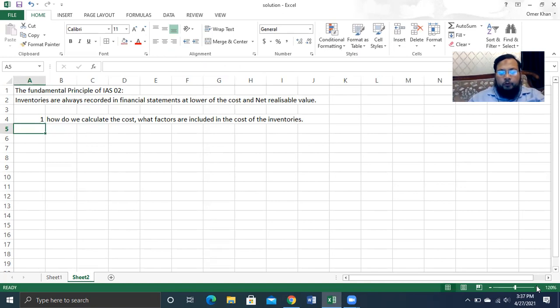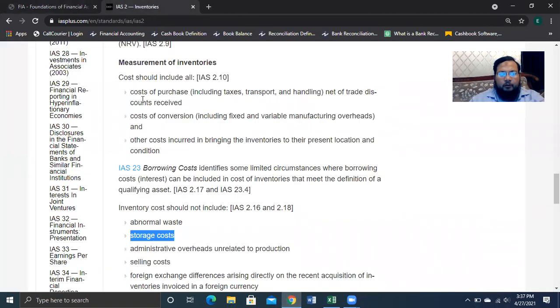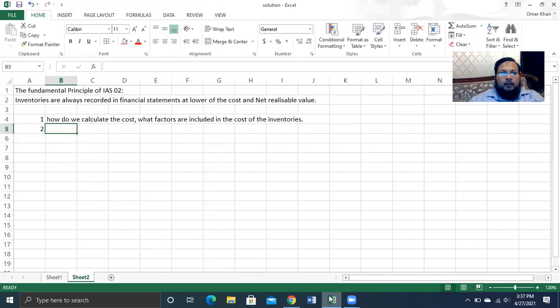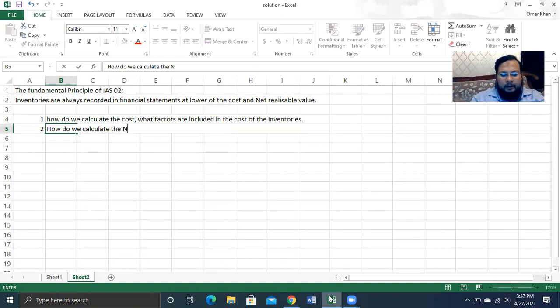We have already gone through that under IAS 2, these factors are included in the cost of inventory: cost of purchase, cost of conversion, and other costs of bringing to the present location. And we should know how we calculate the NRV, which is called the net realizable value.